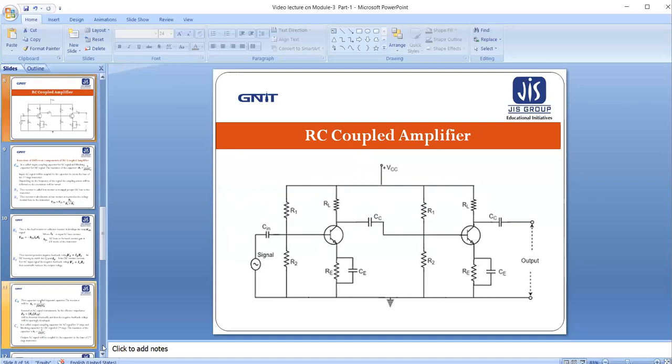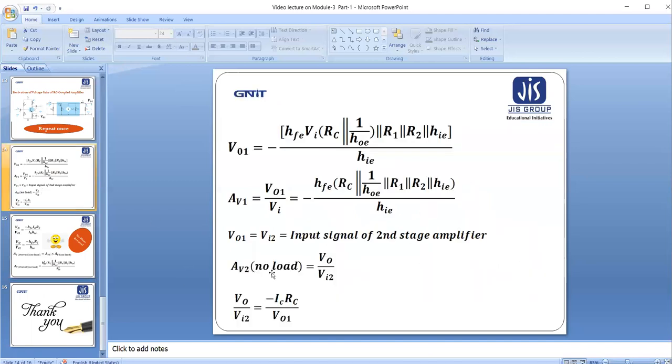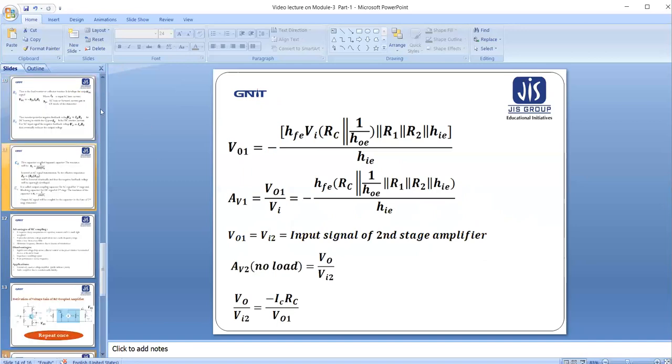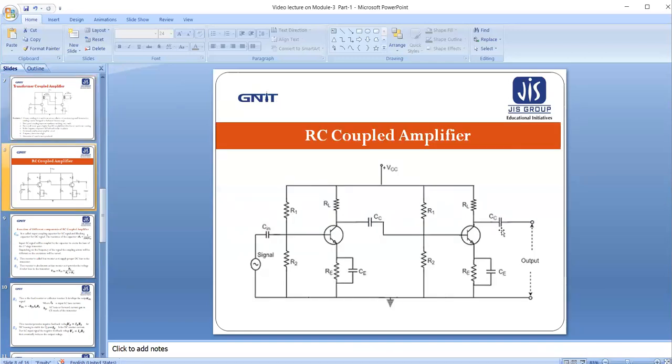Suppose I am not connecting any load, so AV2 at no load is nothing but V0 divided by Vi2. Now when I am calculating V0, we are seeing the circuit. When I am only considering the second stage, what will happen? The V0 will appear across the load resistance RC.